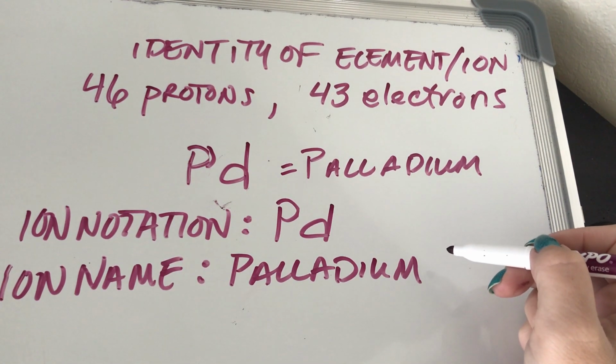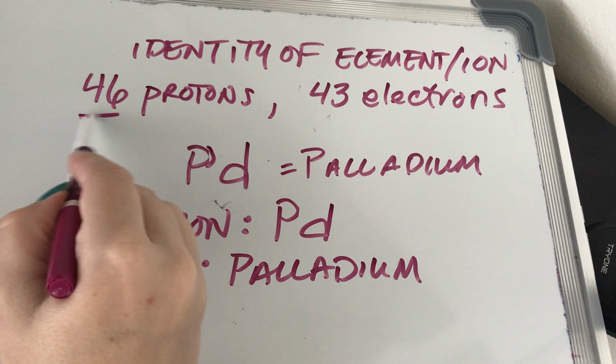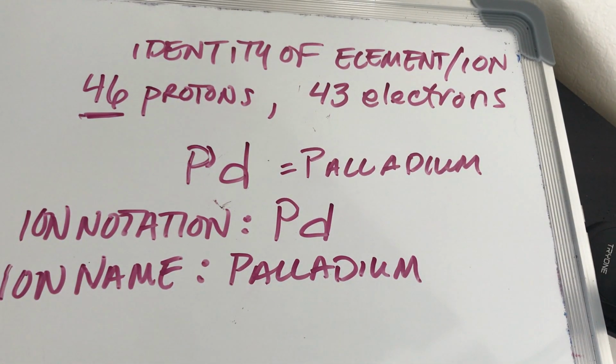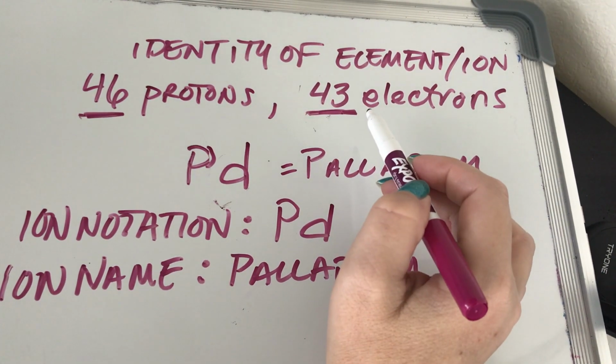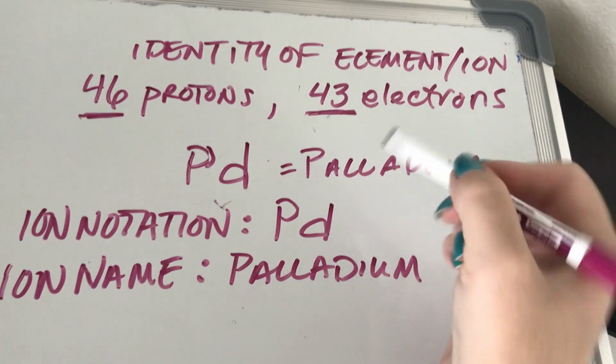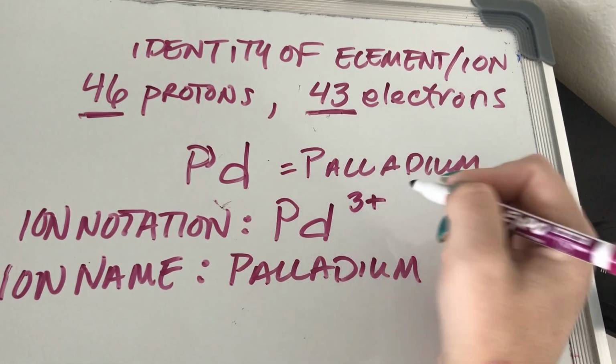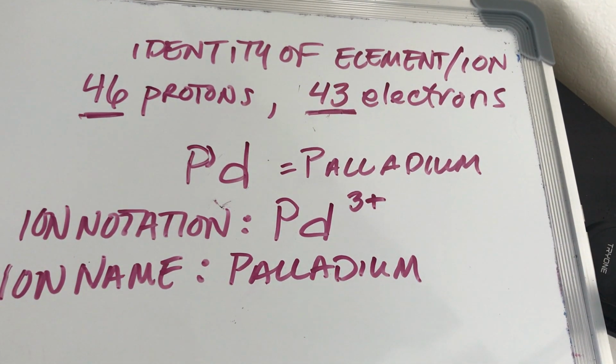Yes, it would, right? So you have 46 protons, which means that you started off in a neutral atom having 46 electrons, right? In your ion here, you've lost 3 electrons, which means that you have a +3 charge, right?